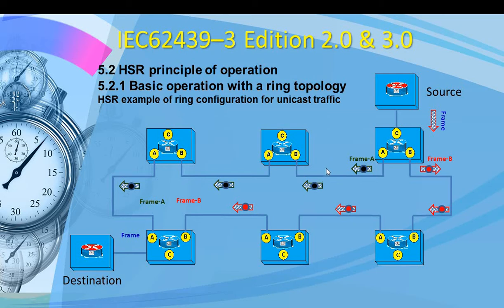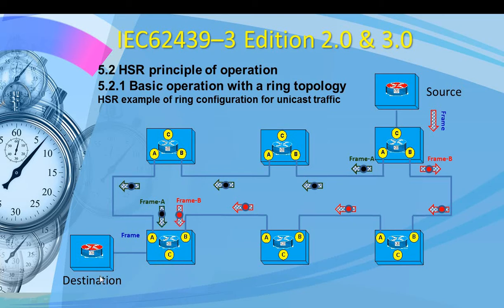The A frame says it comes from network A, but frame B says it comes from network B. So frame A goes in this direction, frame B goes in the other direction.